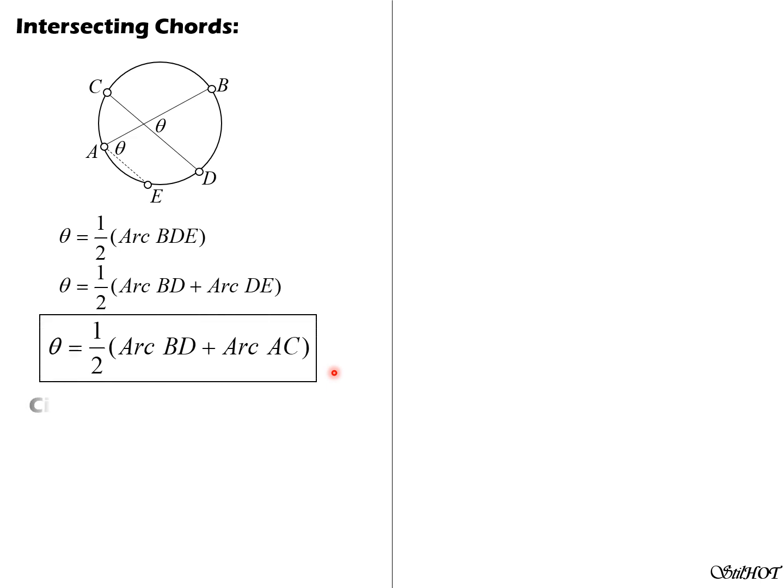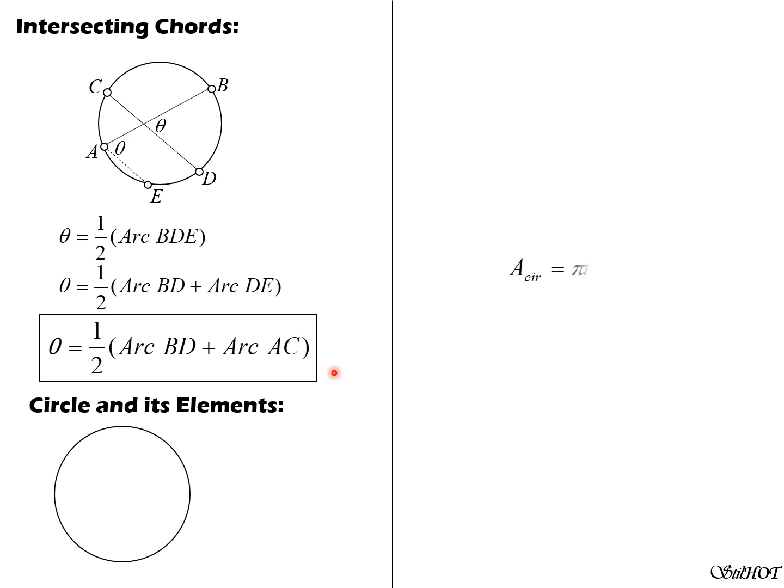Then let's have circles, a circle and its elements. So we have a circle. We have area of circle, pi r squared, or pi over 4 diameter squared. You know that already. Circumference, 2 pi r, or pi d. This is the center.